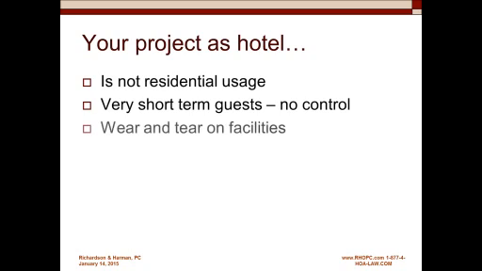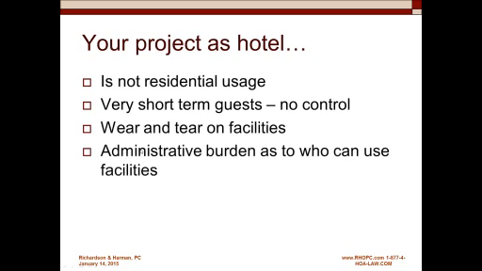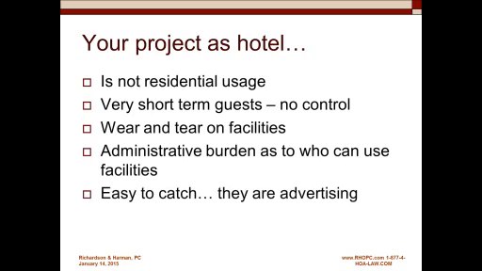Short-term guests, you typically don't have control over them. You have extra wear and tear on facilities as people are continually coming in and out. Imagine the administrative burden on your manager, keeping track of who can use the facilities. And of course, remember 4740 we talked about earlier in this session, where the landlord is supposed to be giving information to the manager about who is actually in the residence.